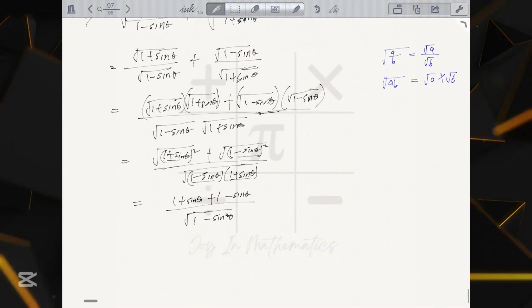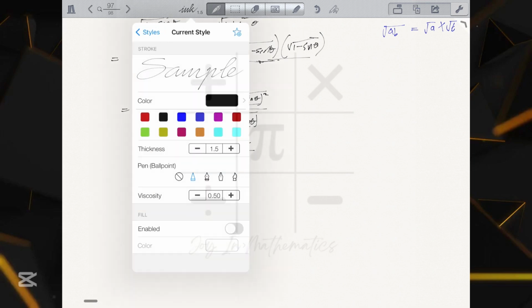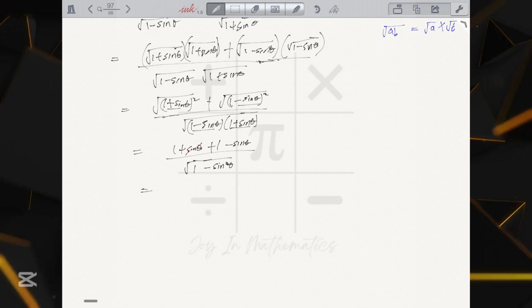Now we can see the numerator is 2, because sine theta will nullify minus sine theta, leaving 2 divided by the square root of 1 minus sine squared theta.